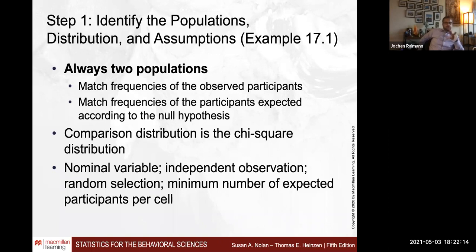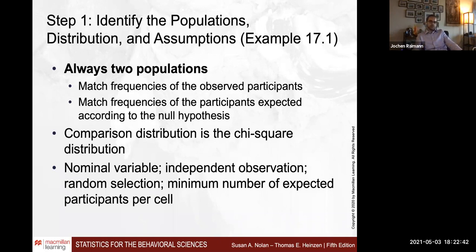And you match the frequencies of the participants that are expected according to a null hypothesis where you don't have a difference. So a scenario where you don't have a difference is basically you halve the population and you have half in each group, right? That's 50% in each group. So the comparison distribution is the chi-squared distribution, and we will see in a second what that is.